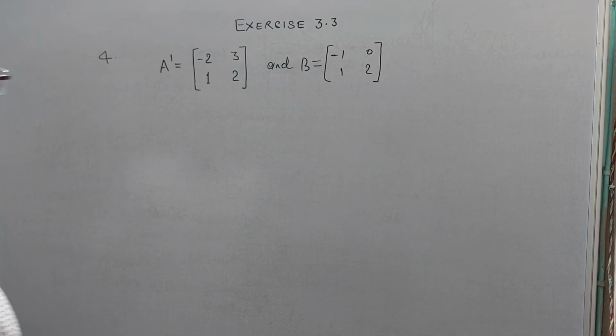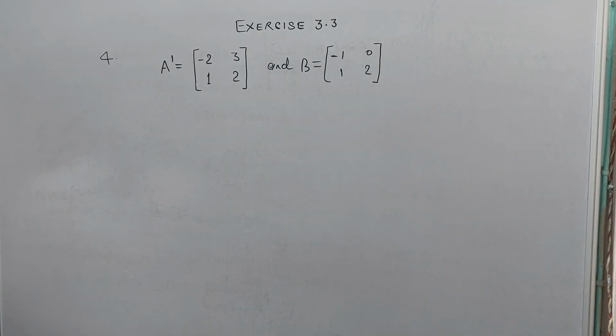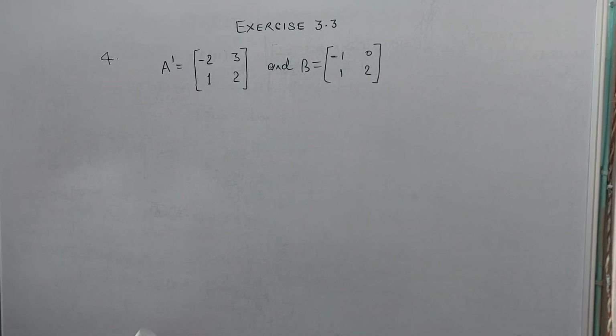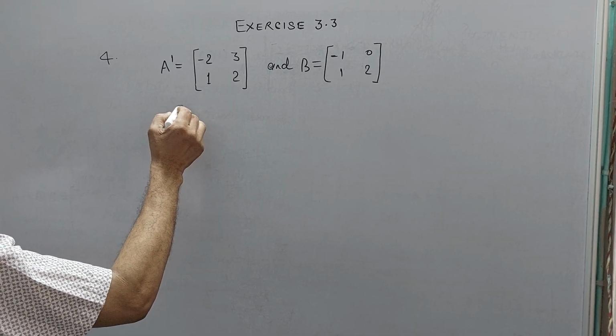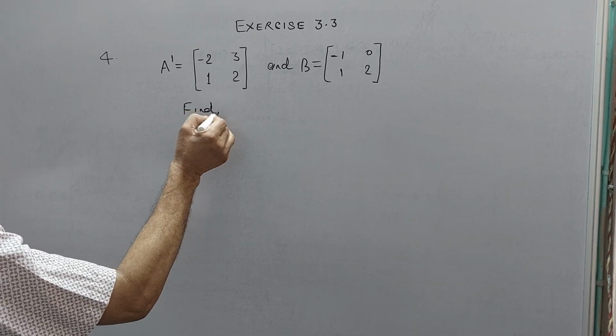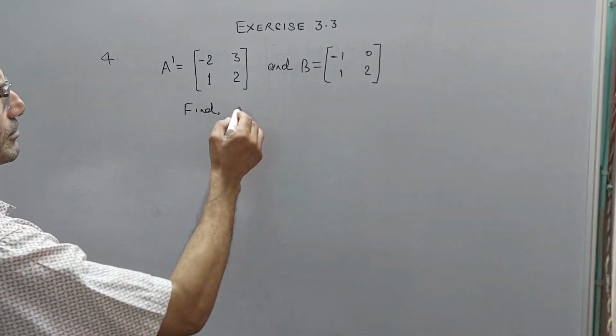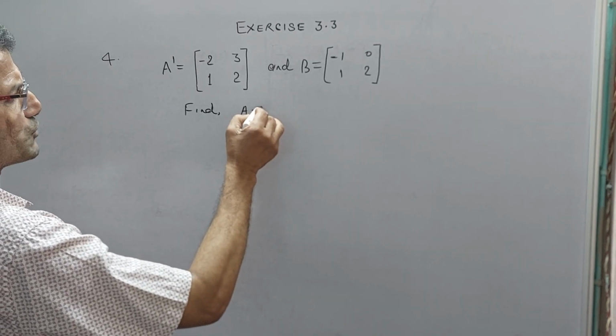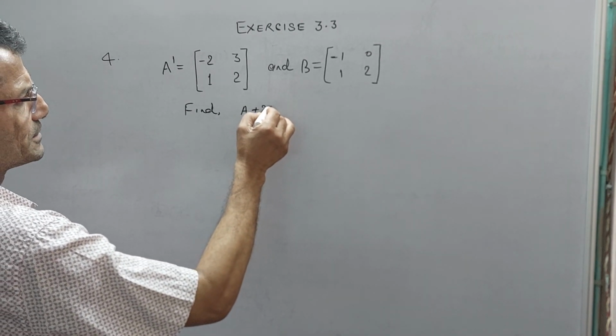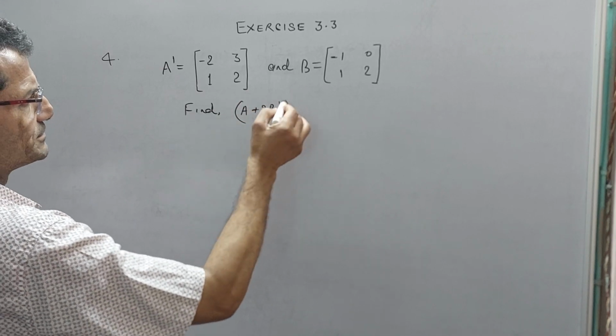Now this is question number 4. In this question we have to find A plus twice B and the transpose of it.